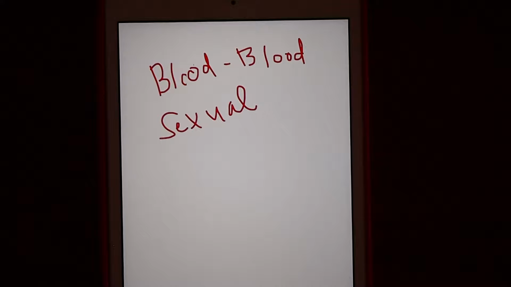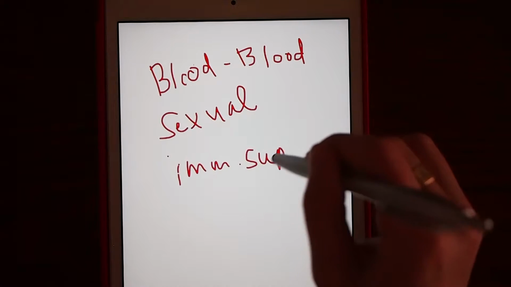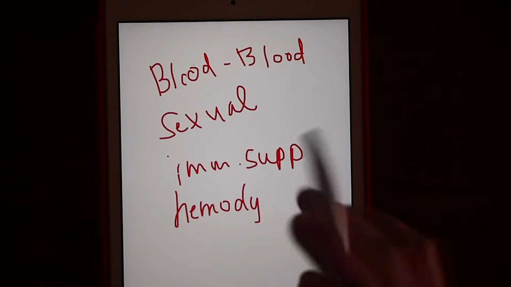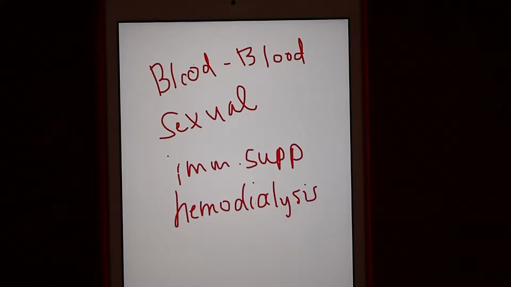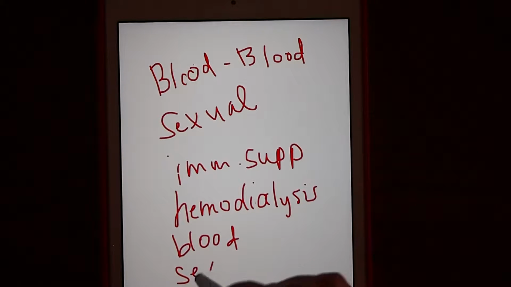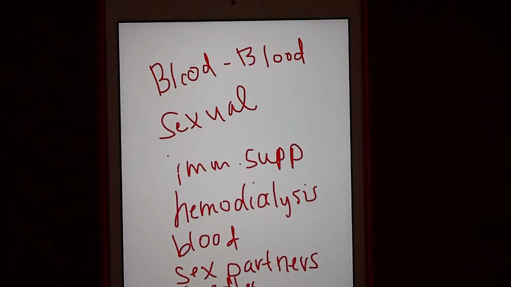Your chances of contracting the virus are higher with immunosuppression, through receiving hemodialysis, through receiving multiple blood transfusions, through multiple sexual partners, through sharing needles and syringes and any other drug equipment, as well as infants born to infected mothers.